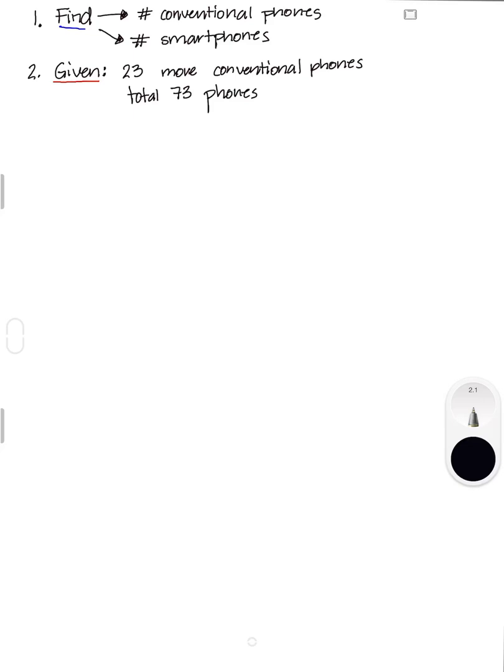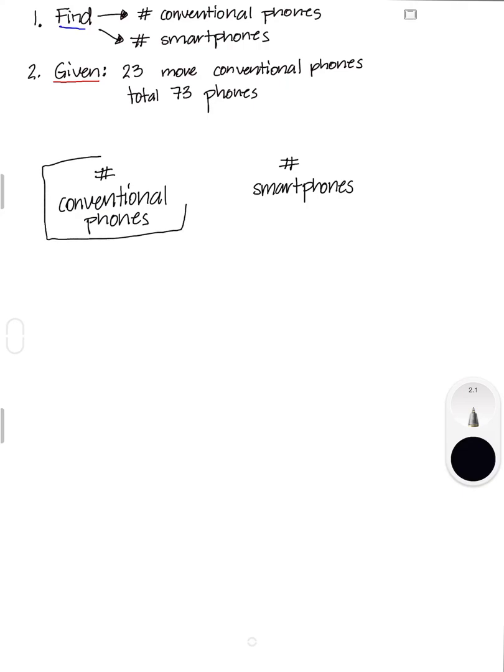We have two different units. The first one is the number of conventional phones, and the other one is the number of smartphones. These are the two different units that we have in the store.